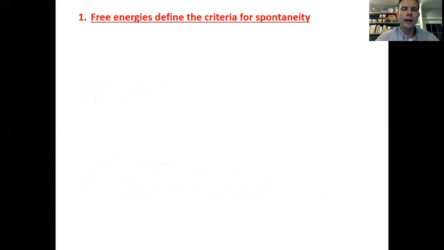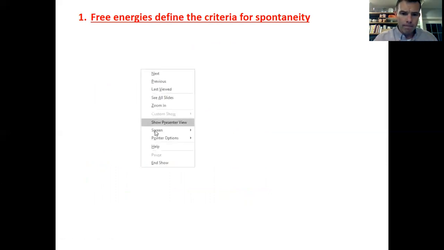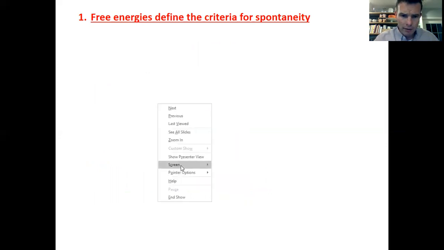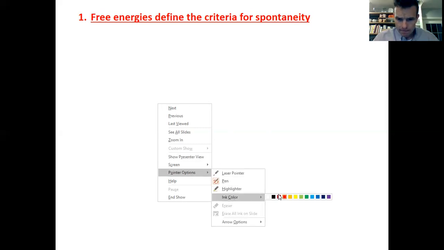So the first point, and this is the most important one, is that free energies define the criteria for spontaneity. I'm not going to belabor this point because I think that you understand this pretty well from general chemistry. But here's the idea.